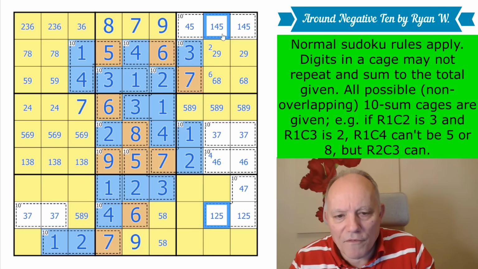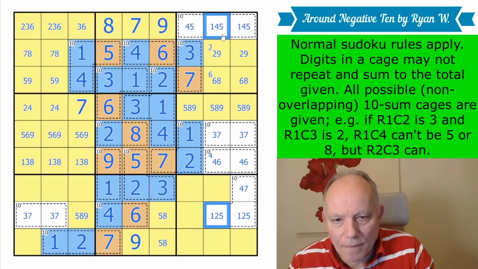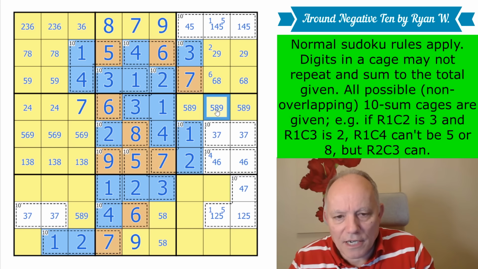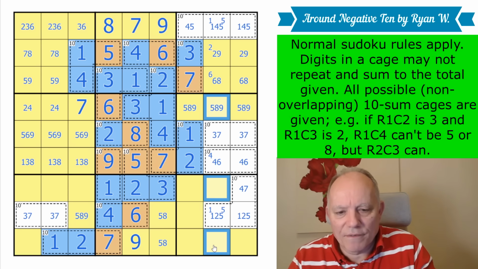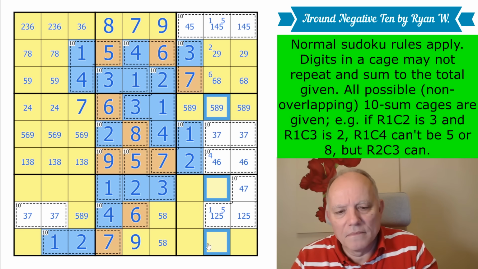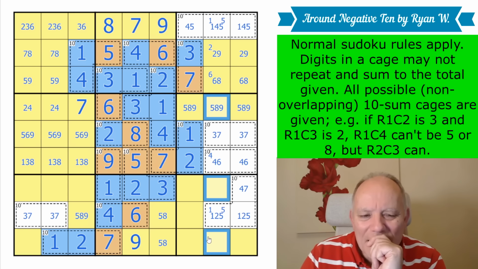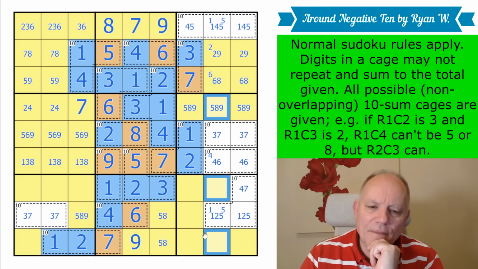They would be a 1, 5 pair. And this digit couldn't be a 5. It would have to be 8 or 9. We'd have 3, 7, 8 and 9 left. I don't know how to use that. I have to admit it.